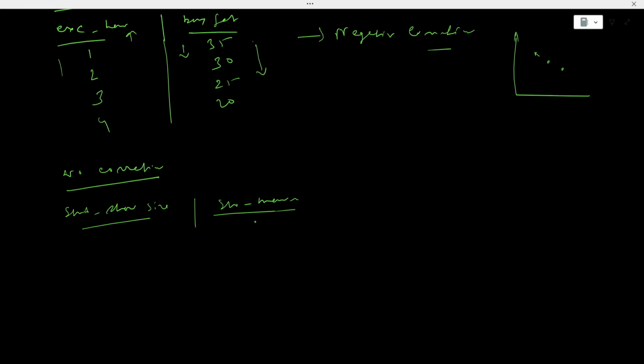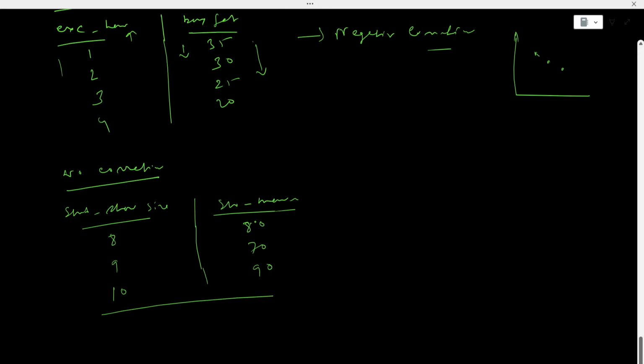No, right? Maybe one student has shoe size 8, another has 9, another has 10. This student might have marks 80, this one 70, this one 90. So there is no direct relationship between shoe size and student marks.